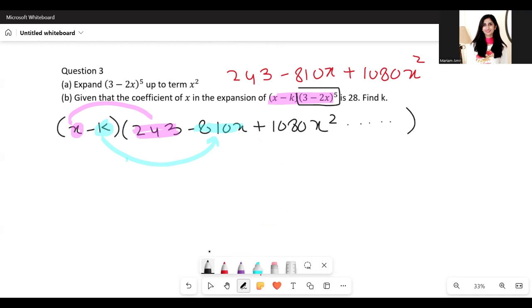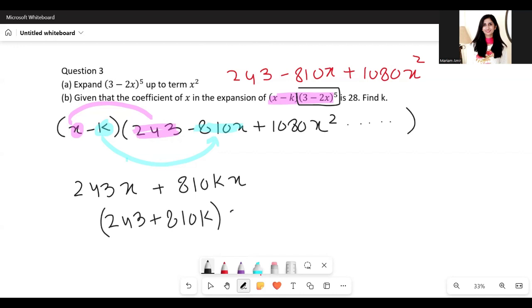So multiply the pink terms, we get 243x. Multiply the blue terms, we get plus 810kx. Okay, add these two together, we get (243 plus 810k) x.